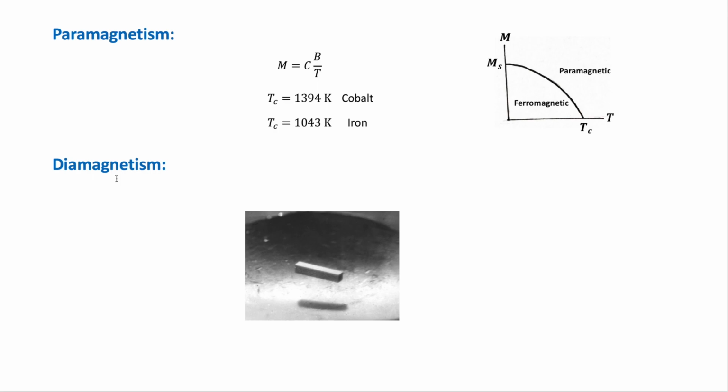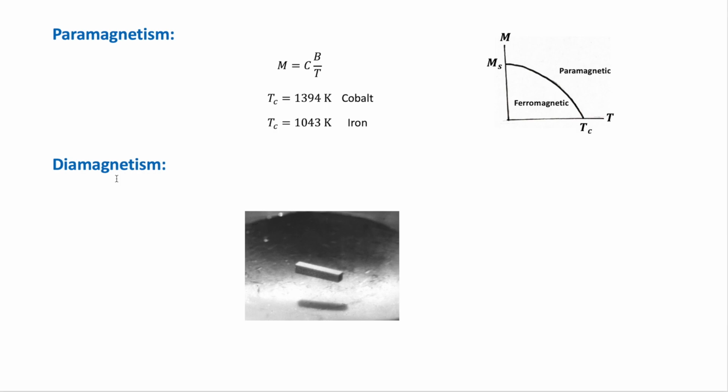And this induced magnetic moment is in a direction opposite to the applied field. Also, although this effect of diamagnetism is present in all matter, it is weak compared to paramagnetism or ferromagnetism.